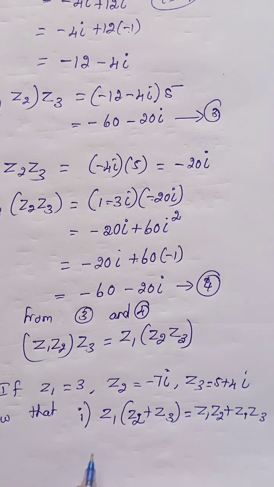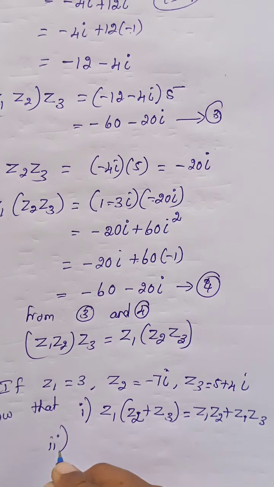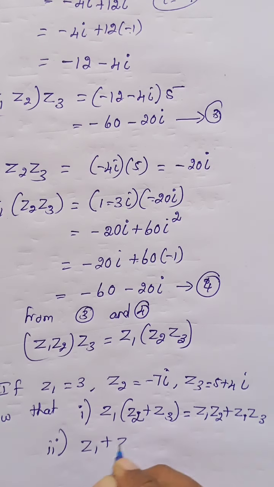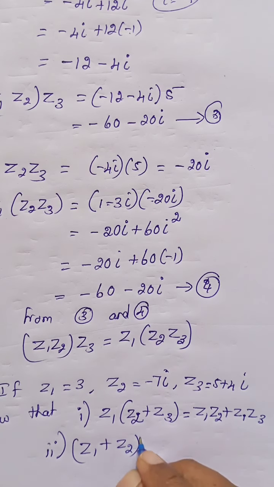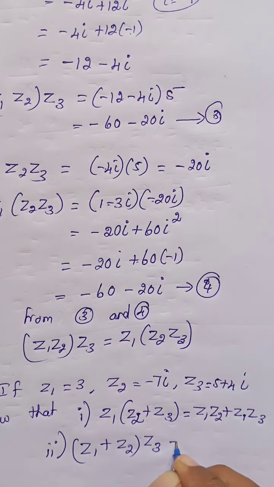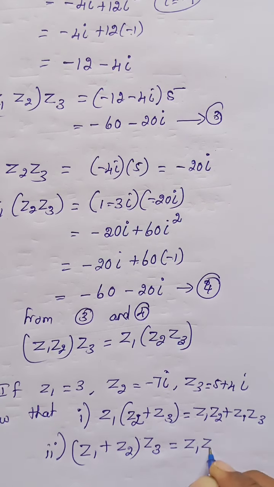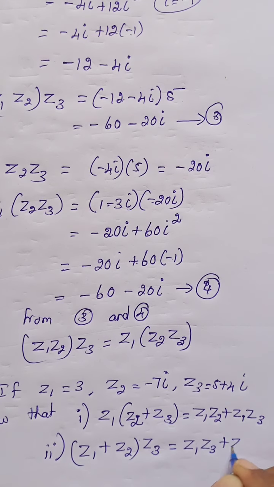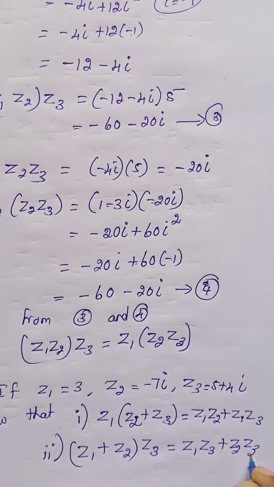This is the distributive law, isn't it? Then the second subdivision is (Z1 plus Z2) into Z3 is equal to Z1 Z3 plus Z2 Z3.